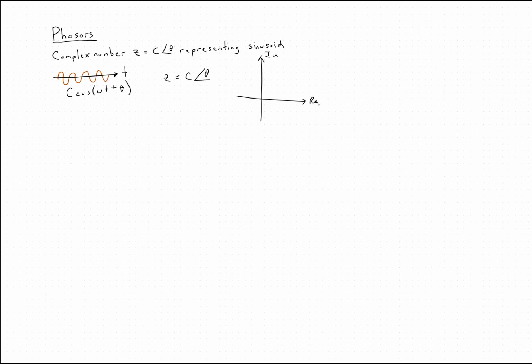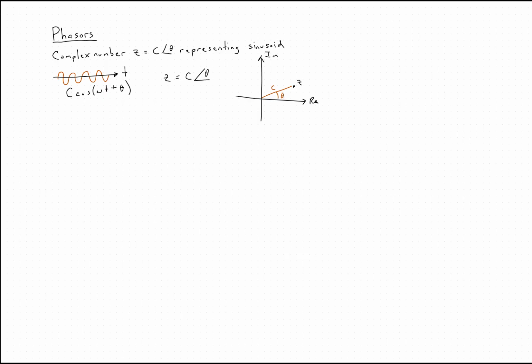We can also represent it in rectangular form. So on our right, we see the complex plane with a real part on the horizontal axis and imaginary part on the vertical axis. I've put a point at our complex number z, with some distance away from the origin, that's c, and some phase angle.